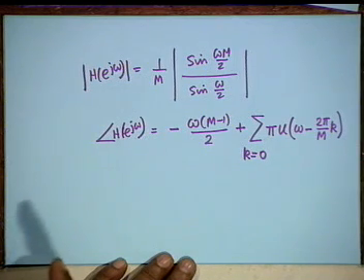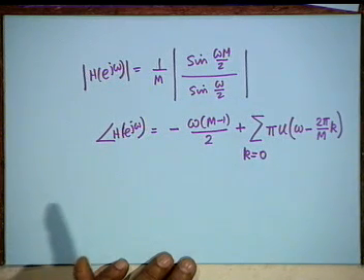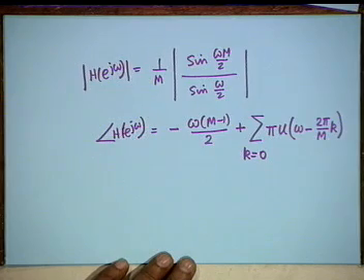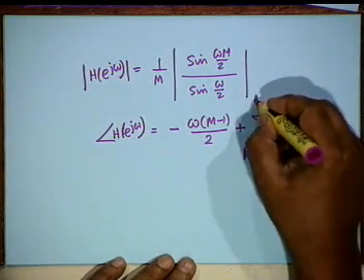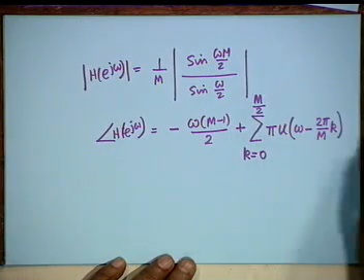At the integer closest to M by 2 but less than M by 2. For example, if capital M was 5, then the last transition shall occur at 2, not 2.5. Okay.